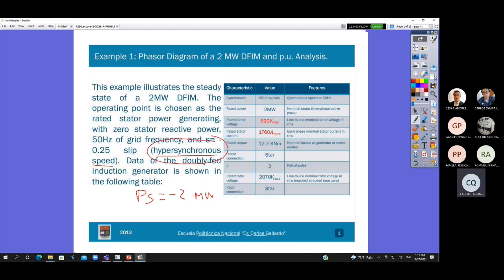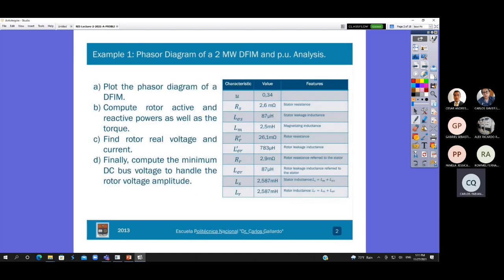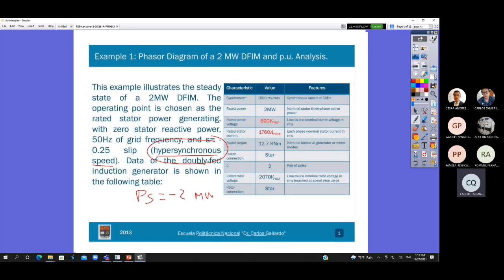According to the problem, the stator reactive power is equal to 0, because it's generating with 0 stator reactive power. The frequency of operation is equal to 50 hertz.